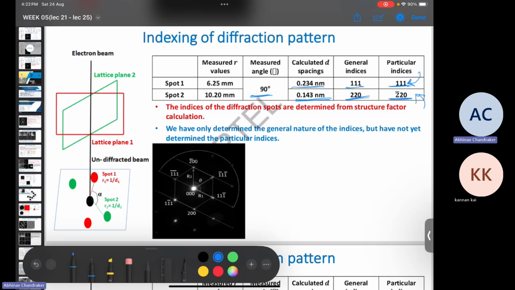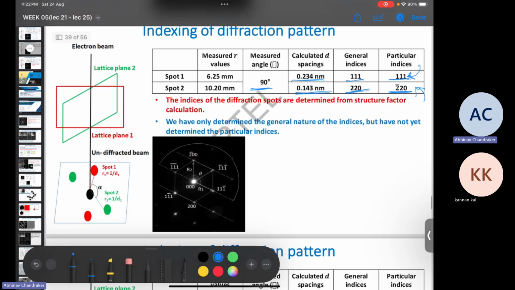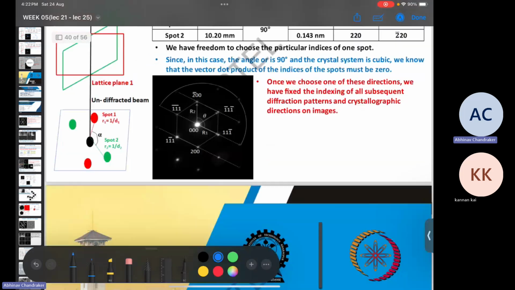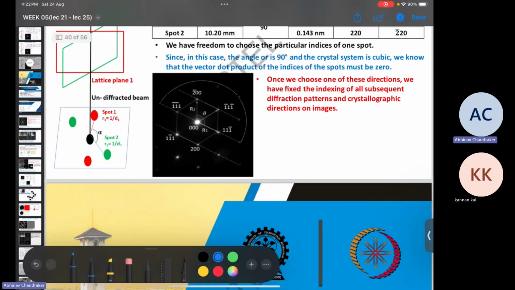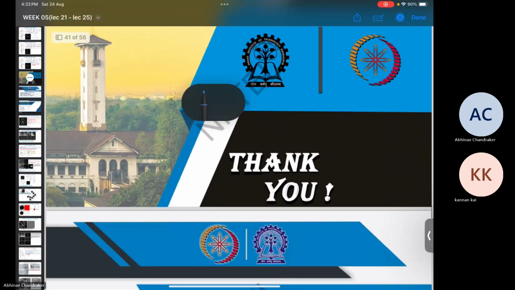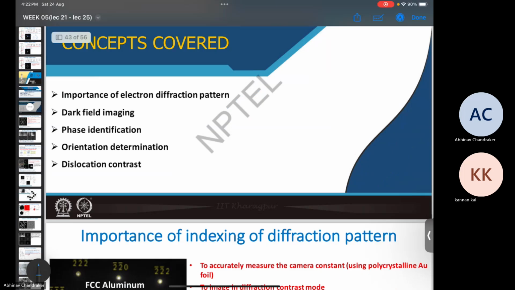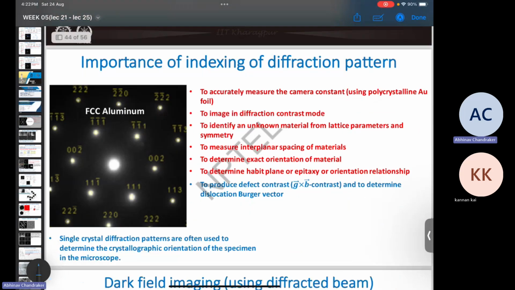You just need to fix your reference, that is what is important, and then do all your computations considering that reference. In this way we can index all the spots which we are getting from the diffraction pattern and get to know what are the planes corresponding to each spot. And once you know the planes, you know the zone axis for that particular diffraction pattern.